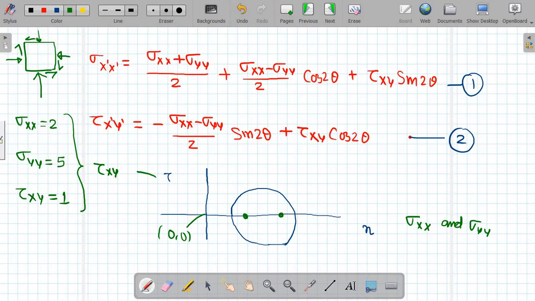Now, stress in the x direction is equal to 2. So let us say this is 2, this is 5 and shear xy is equal to 1. Now this is referring to the x point, and this is referring to the y point. So xy 1 means positive.